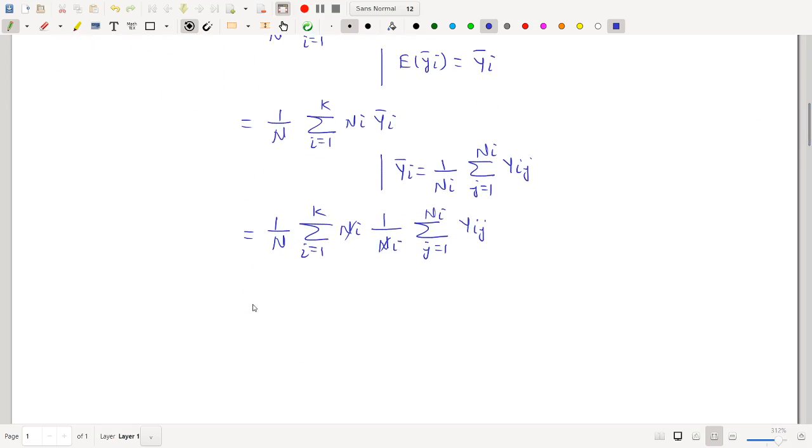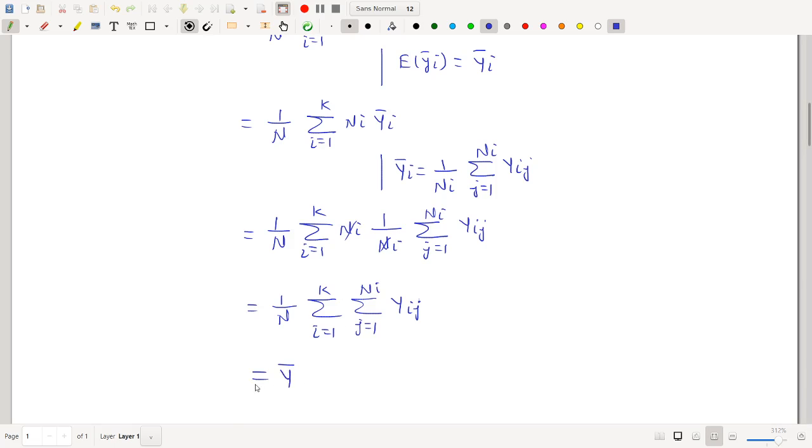Then the remaining thing is 1 upon n double summation i running from 1 to k, j running from 1 to ni, capital Yij. And in notations, if you remember, this notation is for capital Y bar.